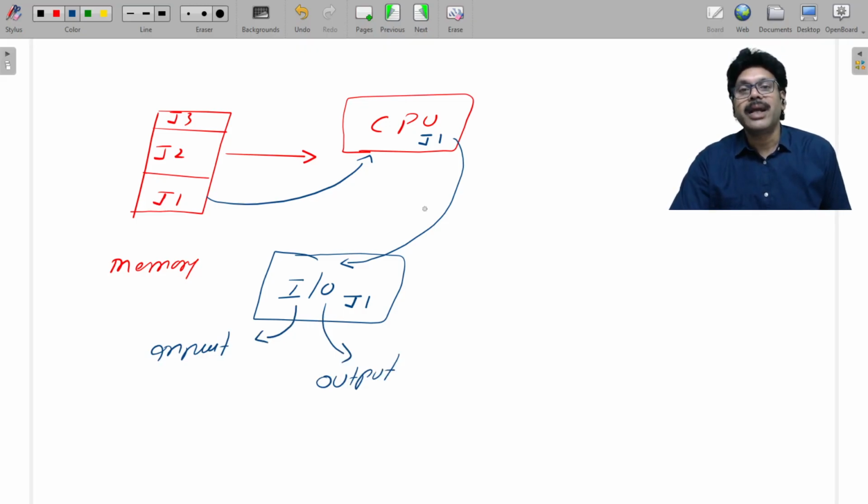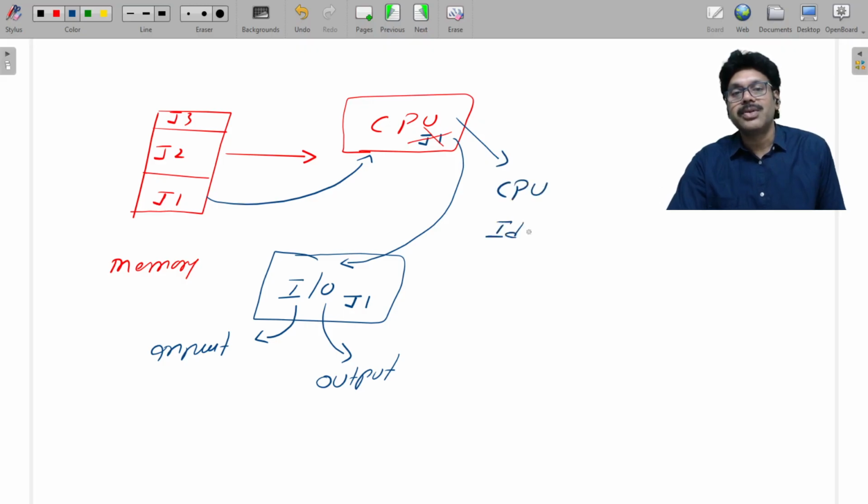Now the CPU is idle because you have removed the job from the CPU and J1 has entered into IO. In this case the CPU is idle because you need to complete the job.